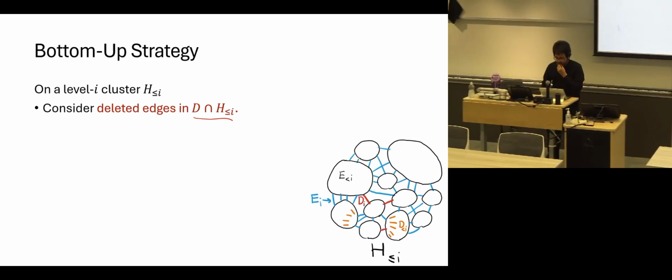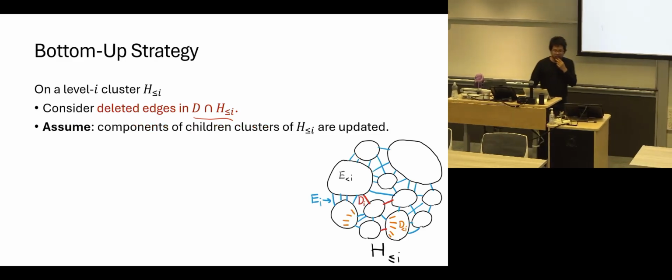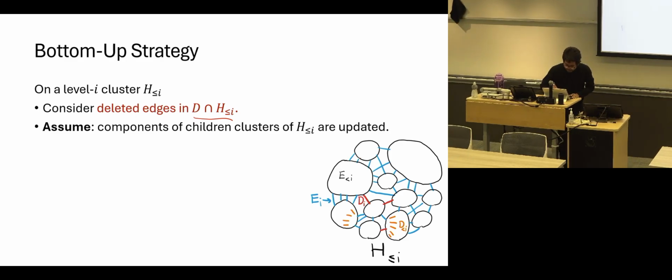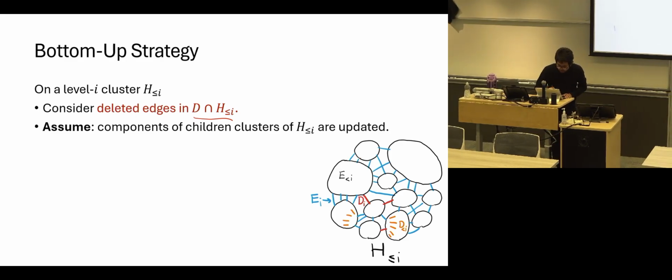Okay, so now because our strategy is to do things bottom-up, we're going to assume that we now know the connected components of the children clusters of H. So you have some deletion in this child, and we assume that we know the connected components of this graph after deleting.